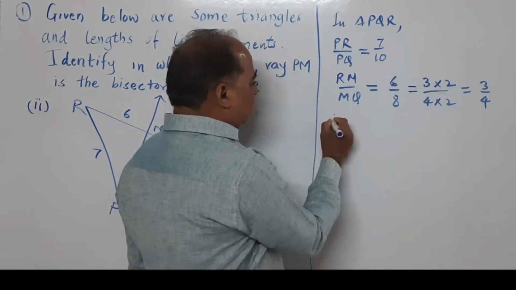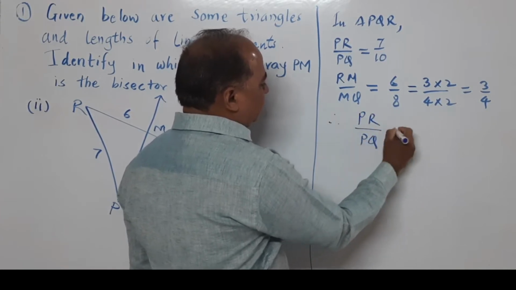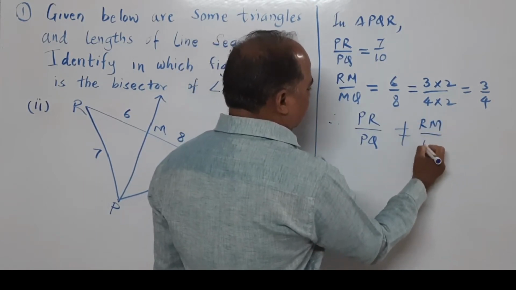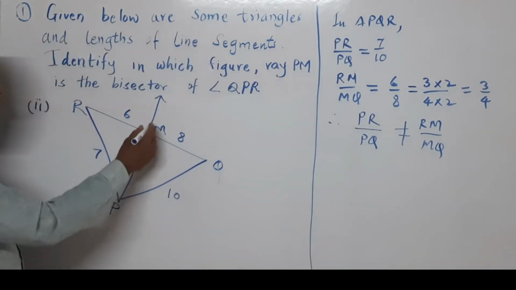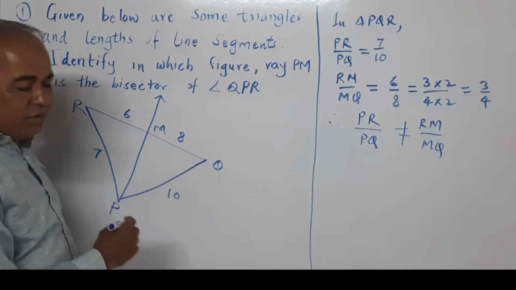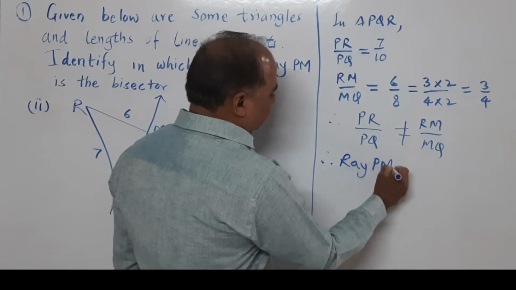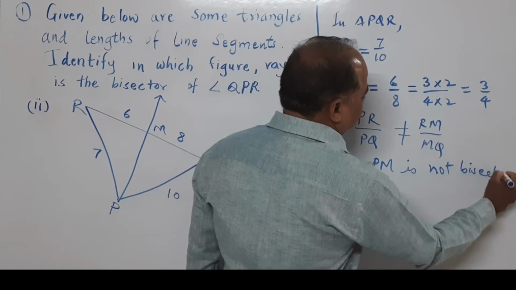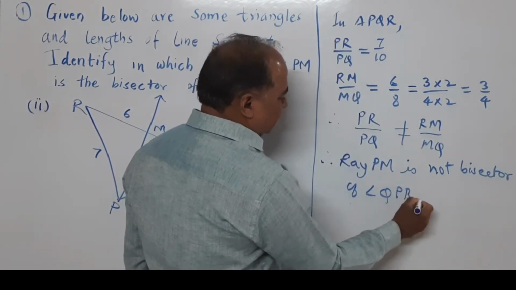So therefore, in this triangle PQR, PR upon PQ is not equal to RM upon MQ. Since the ratio is not equal, ray PM is not bisector of angle QPR.